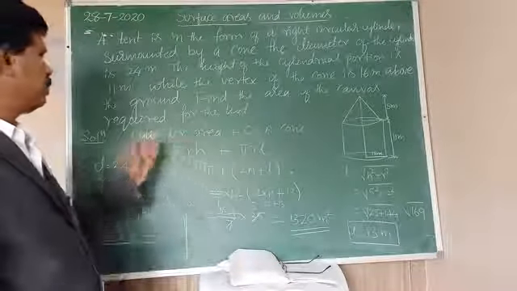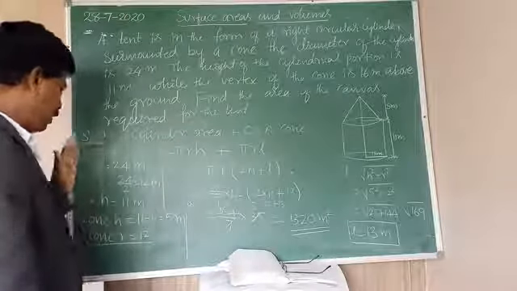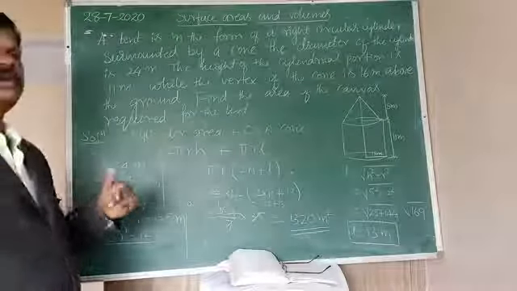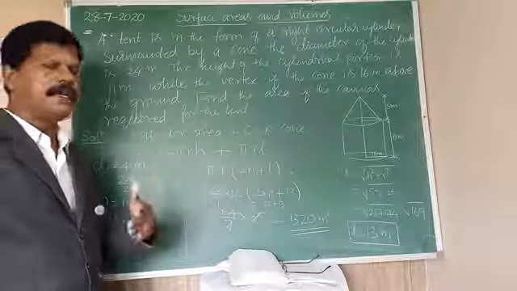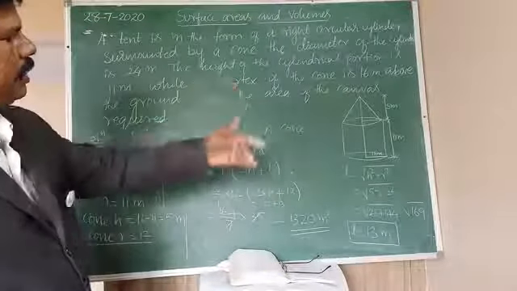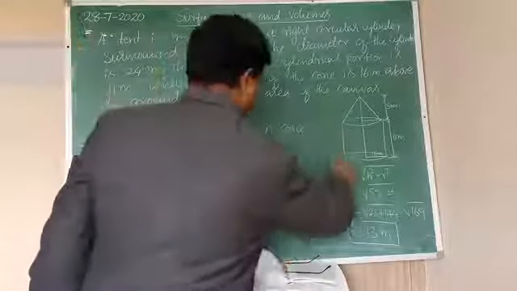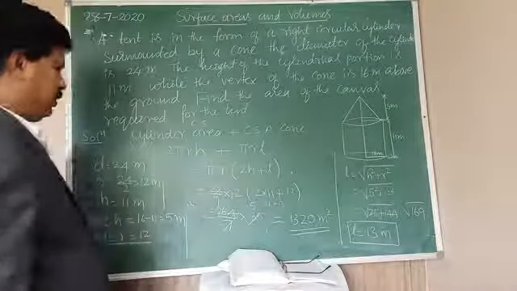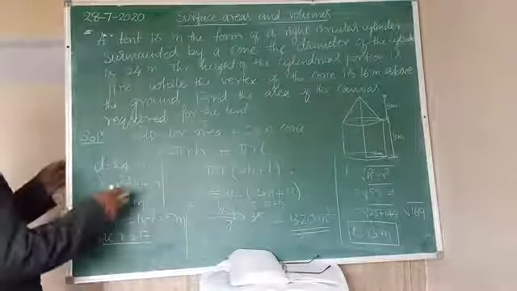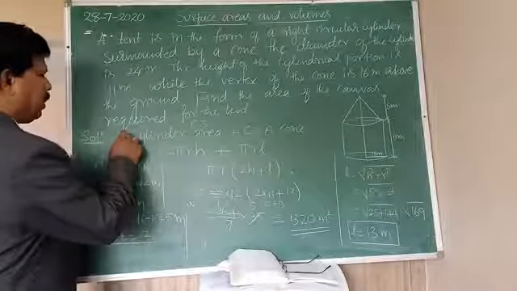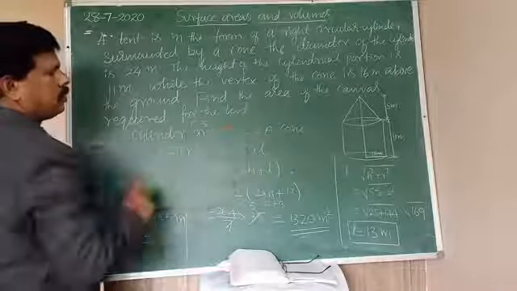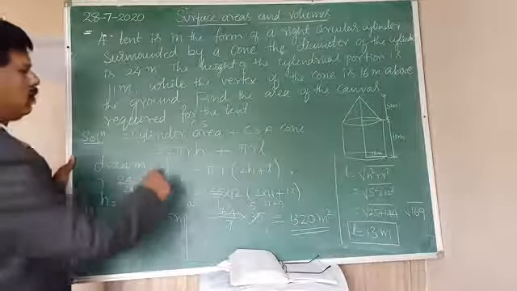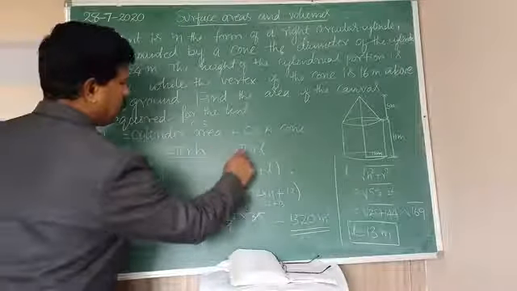So first thing is what is given, you write down that. When they give the diameter, always convert that into radius by dividing it by 2. Then in case of cone, find out the slant height. So look at it once again: cylindrical curved surface area plus curved surface area of cone. The formula you should write down like this.